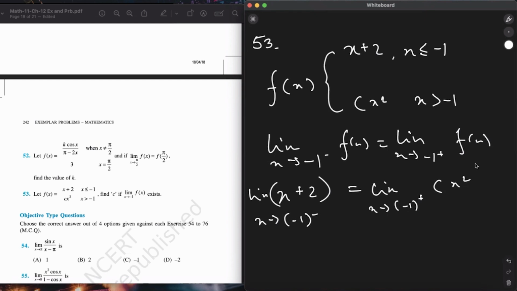So simply putting in the values here, I'll have minus 1 plus 2 over here, and c over here. So c is equal to 1.